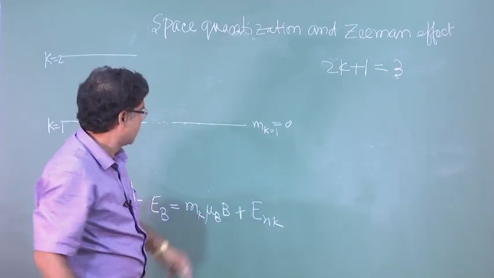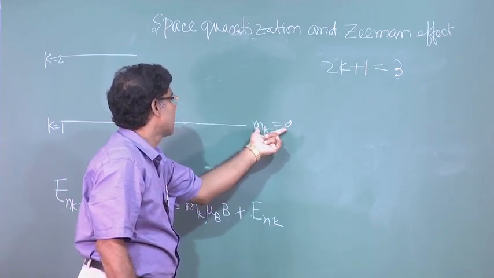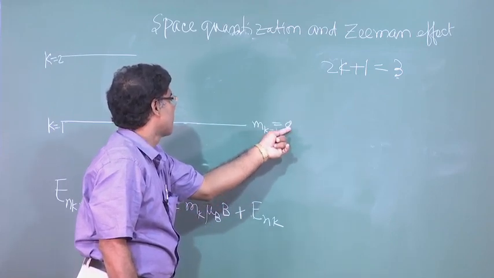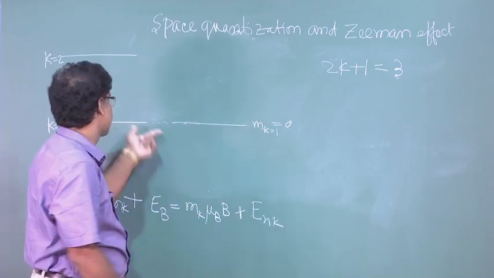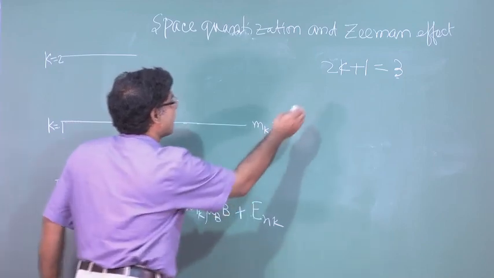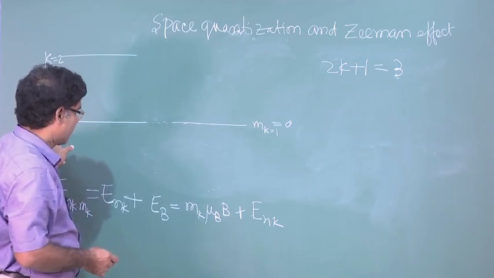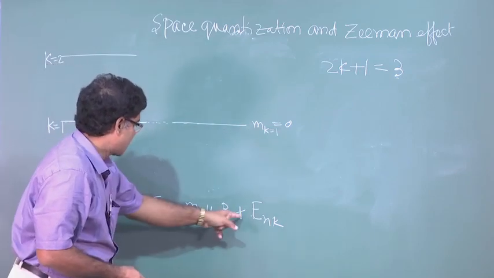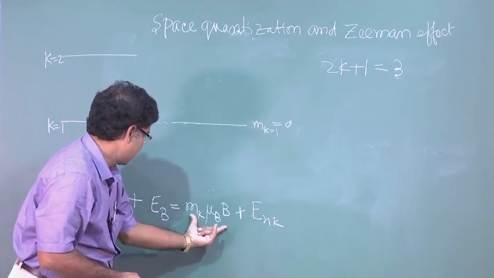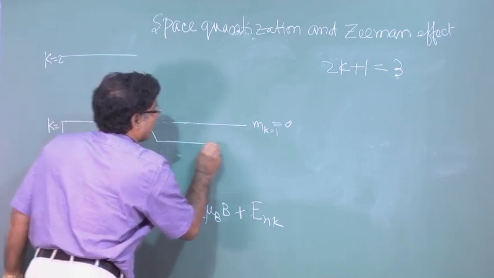So for m k equal to 0, the energy will be unchanged. When m k is plus 1, the energy goes up, and for minus 1 it is more negative, so it goes down, but by an equal amount.